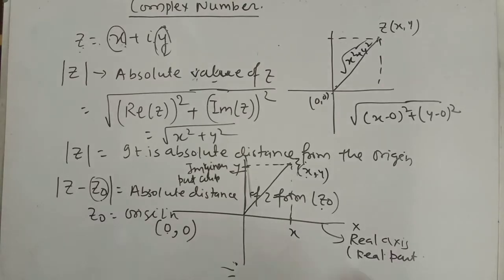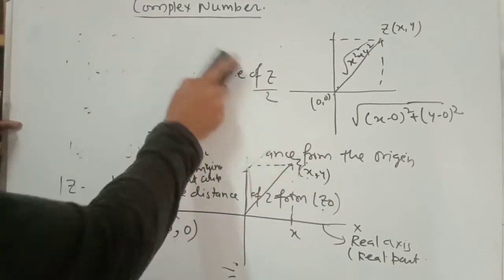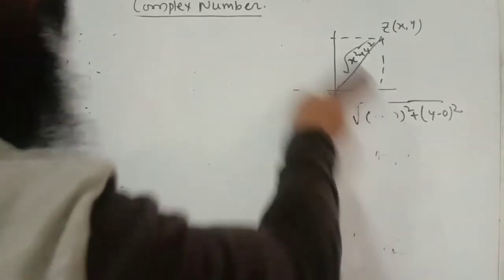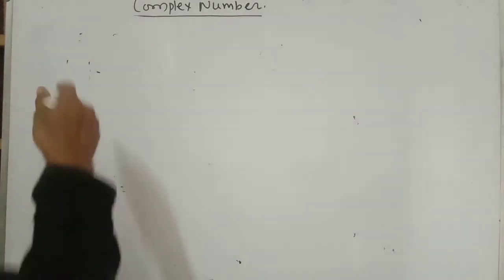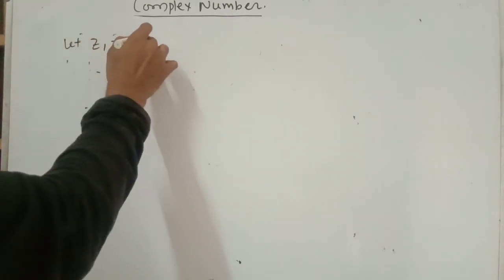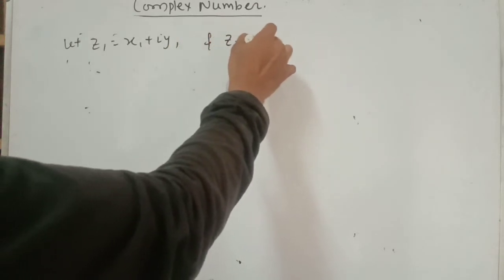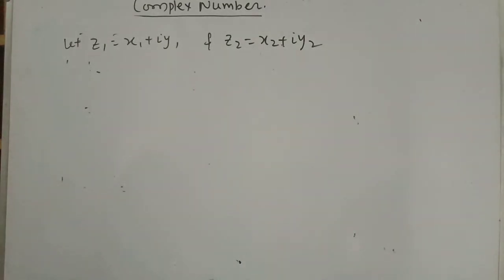Now we are going to take another example, for finding the modulus of the addition of two complex numbers and the subtraction of two complex numbers. Let me consider one complex number z1 as x1 plus i y1, and another complex number z2 as x2 plus i y2.